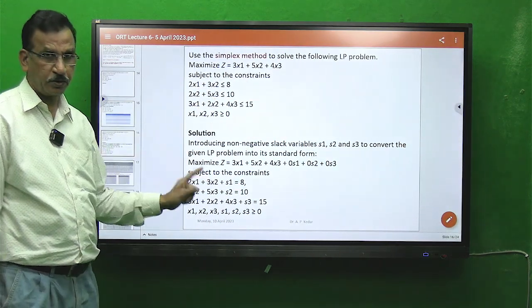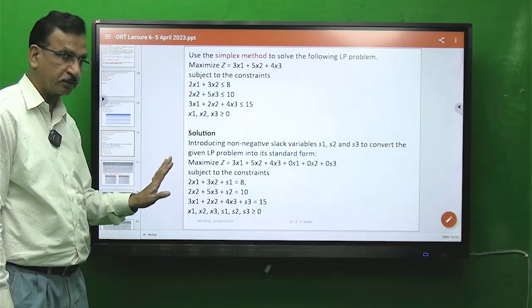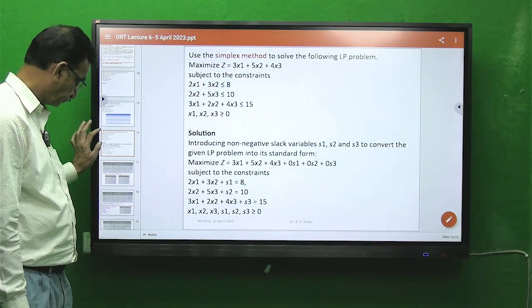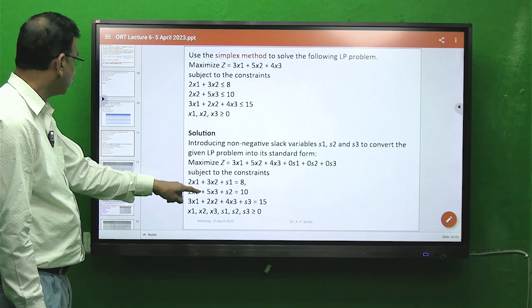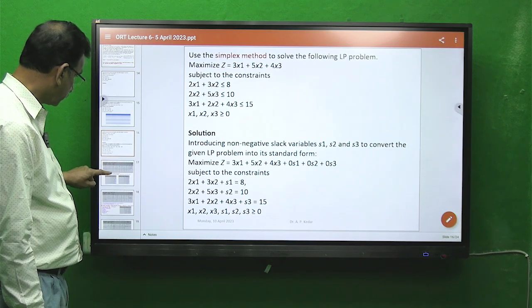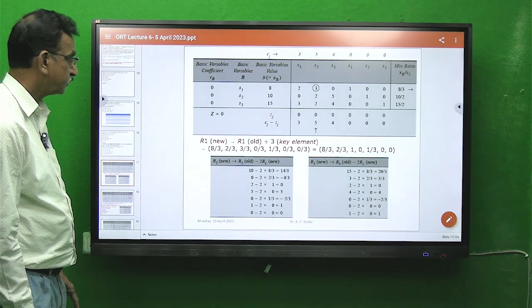This I have introduced, explained everything. Now we have seen how to convert and everything that we have discussed. See here.